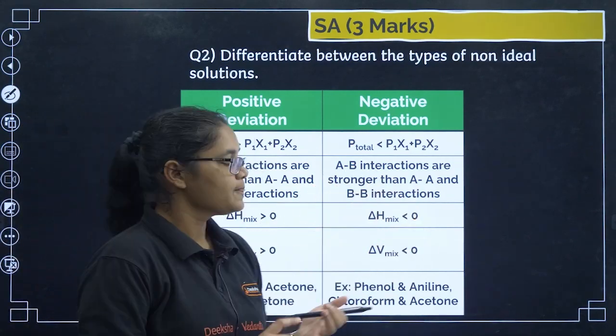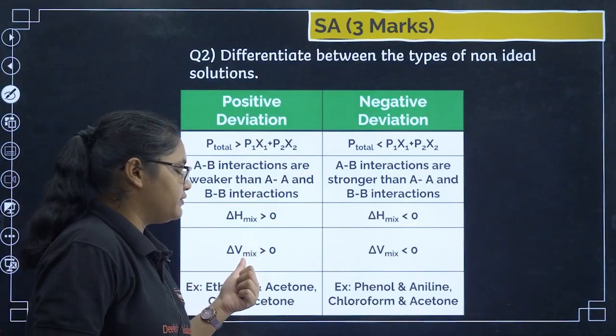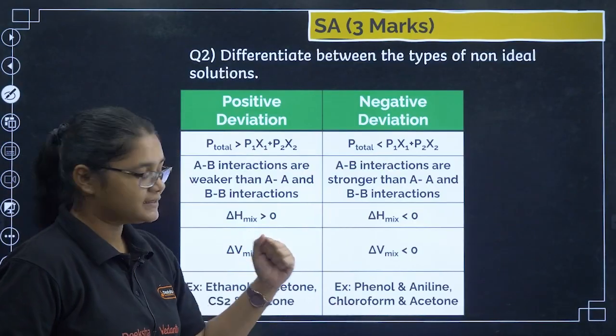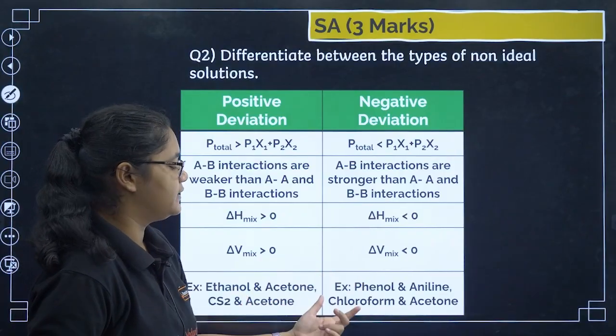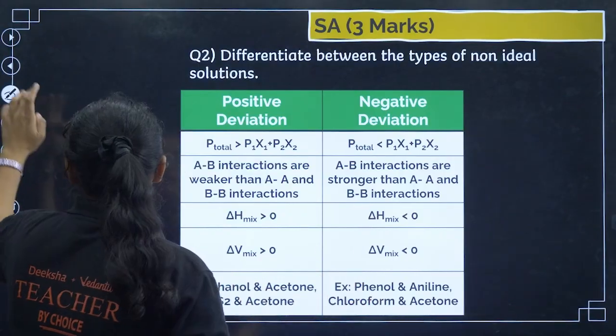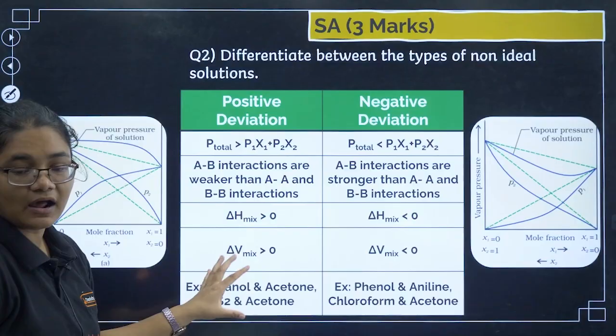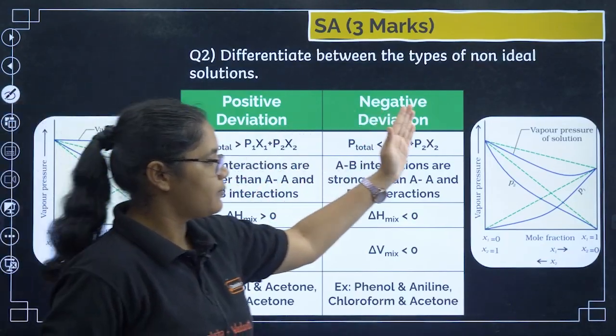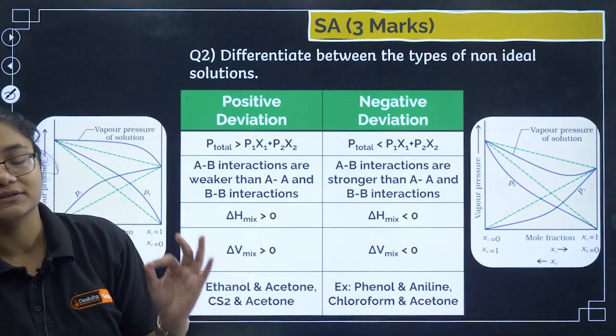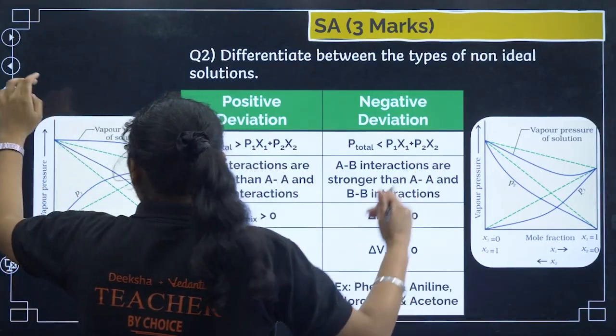Here it is stronger. Here delta H mix is greater than 0, V mix is greater than 0. This side it is less than 0. Examples: ethanol and acetone, CS2 and acetone. Here phenol, aniline, chloroform and acetone. And you should also know their graphs. This can also be asked. In positive deviation, the curve bends towards the top. In negative deviation, the curve bends towards the bottom.